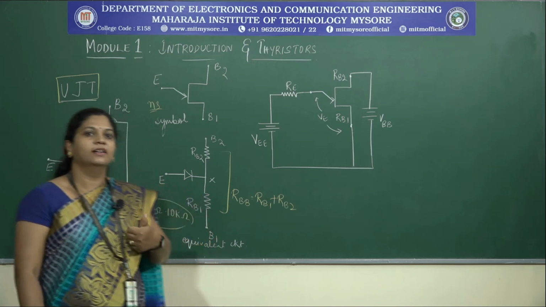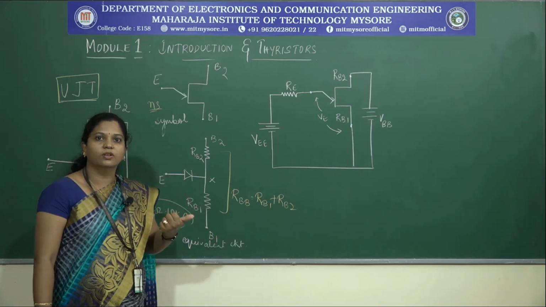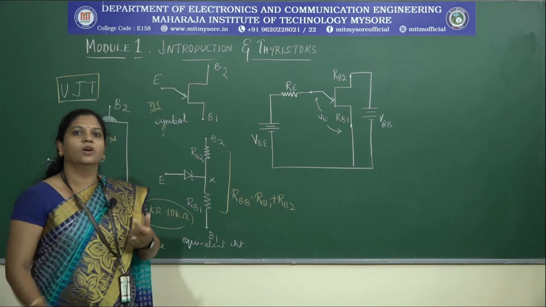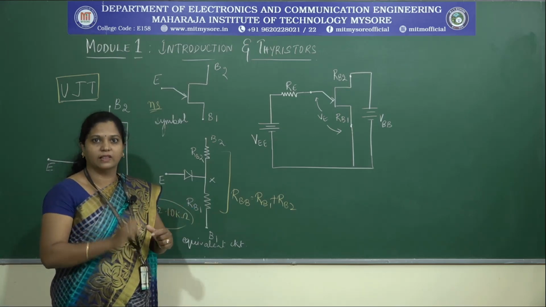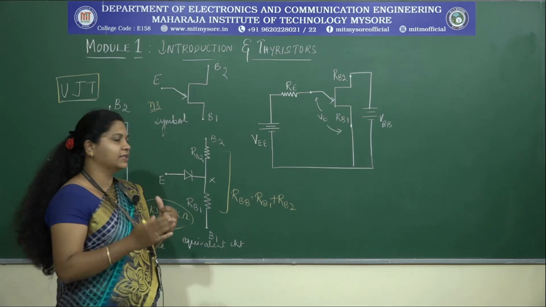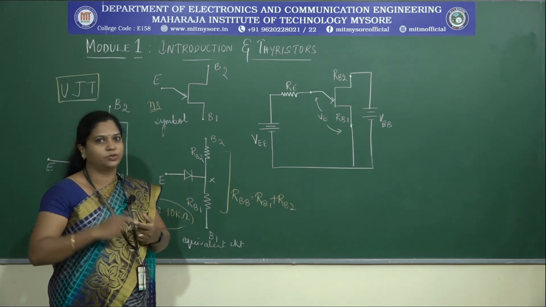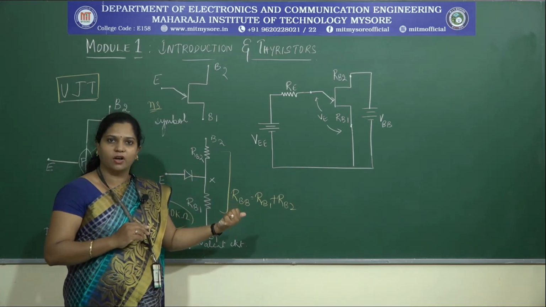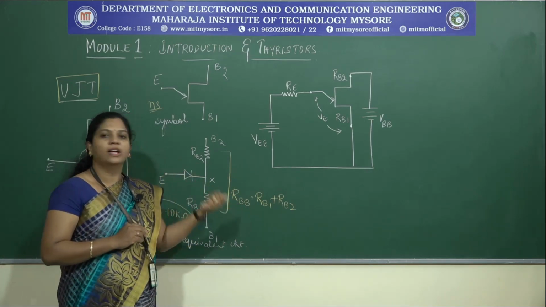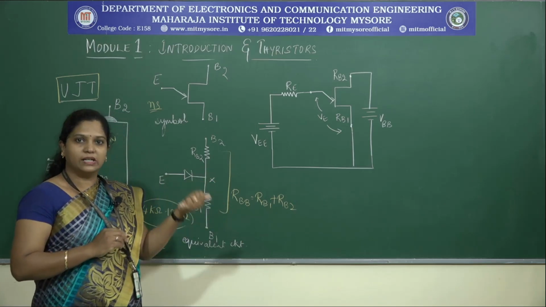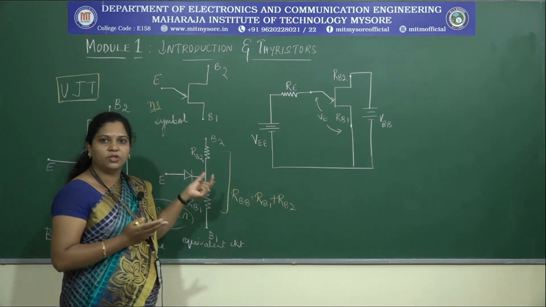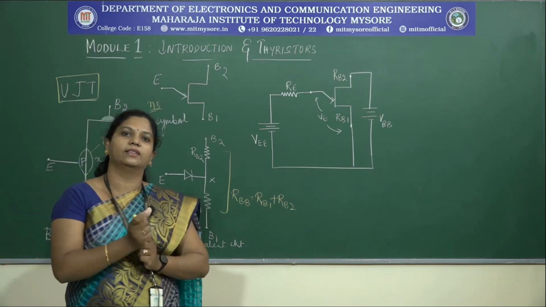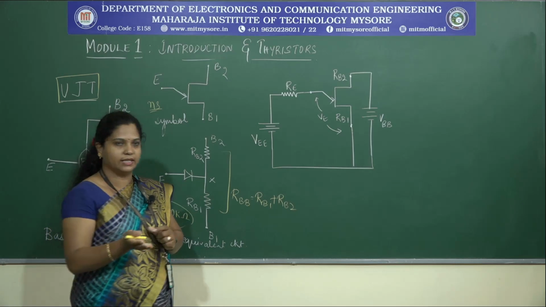When we considered the R triggering circuit, we could generate the firing pulses only from 0 to 90 degrees. Whereas in RC triggering, by making use of half wave as well as full wave RC triggering circuits, the pulses we could generate were only within the range of 0 to 180 degrees.